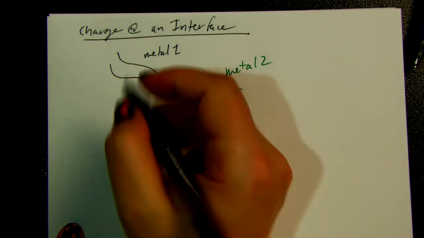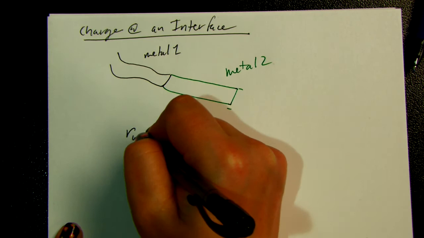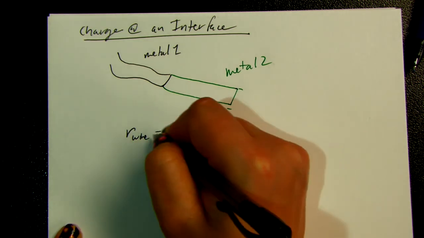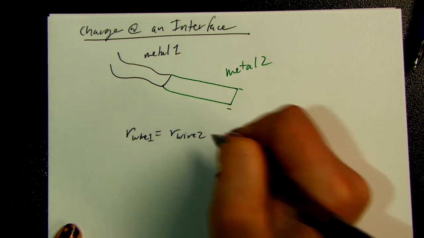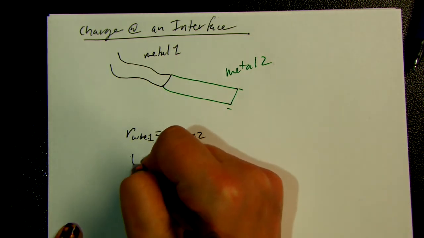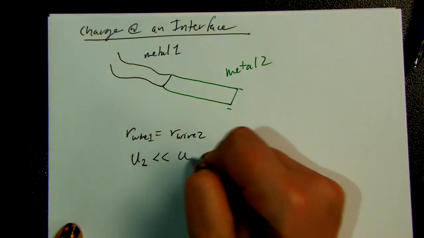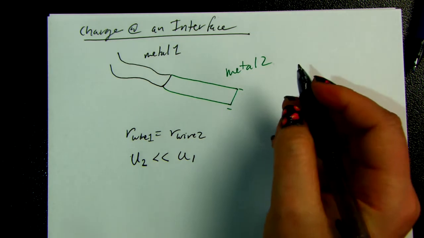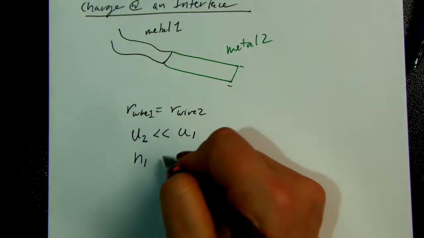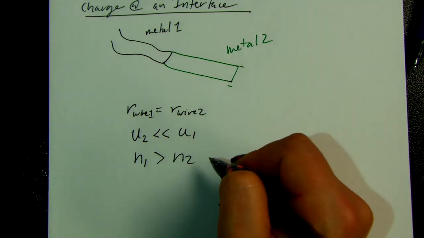The radius of wire 1 is equal to the radius of wire 2. The u, the electron mobility, of wire 2 is much, much smaller than the u of wire 1. And the electron density of wire 1 is greater than the electron density of wire 2.